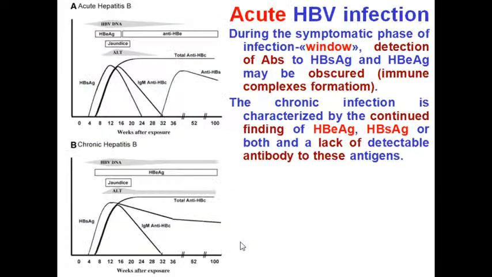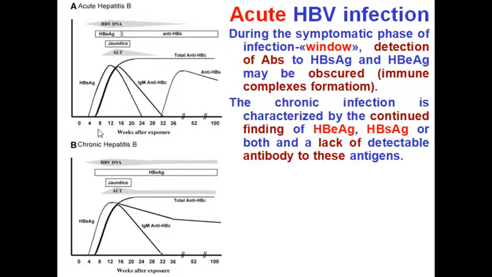And here we can see the acute HBV infection. During the symptomatic phase of the infection, the window can be seen, where the detection of surface antigens may be obscured due to immune complex formation.